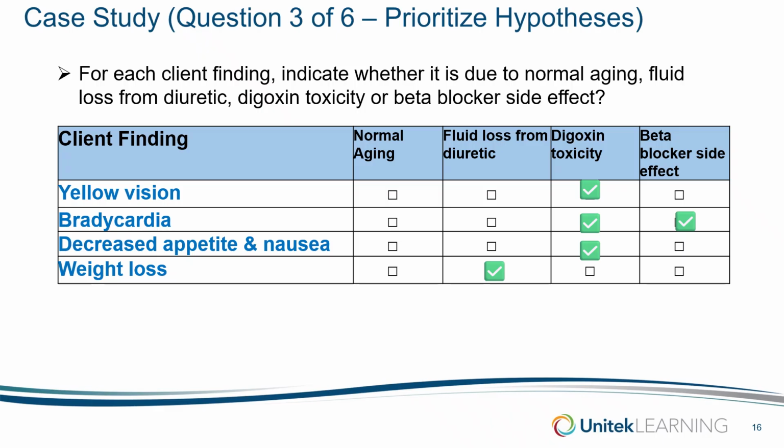We have yellow vision halos that are classic digoxin toxicity signs. We have weight loss. That could be from fluid loss due to the diuretic. Please remember that analyzing these cues guides your nursing actions and ensures safe nursing practice.